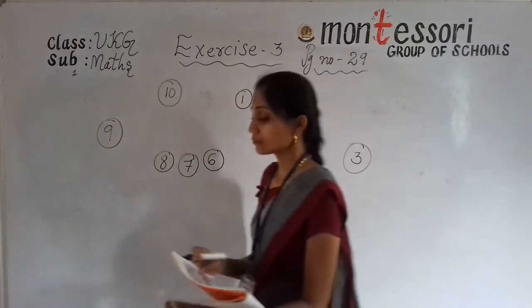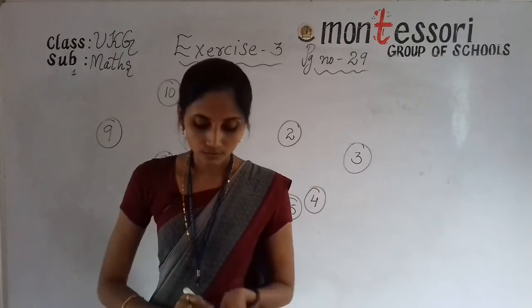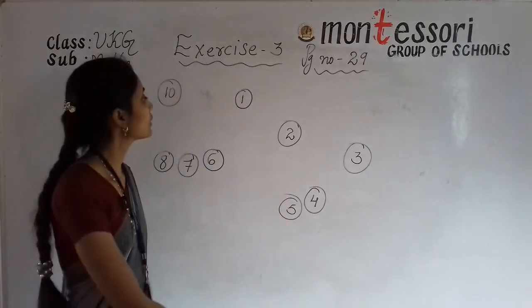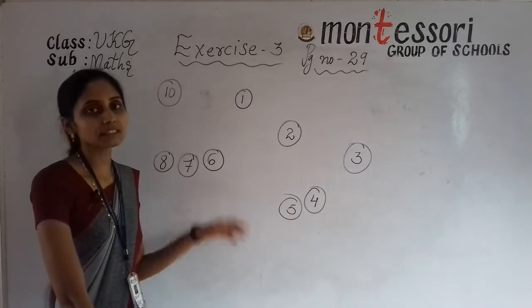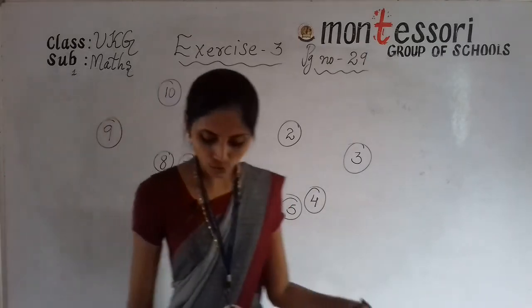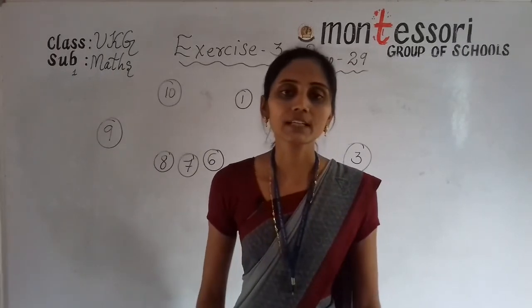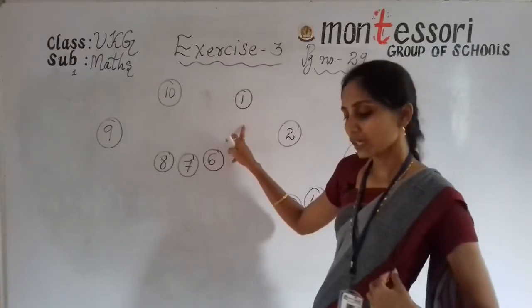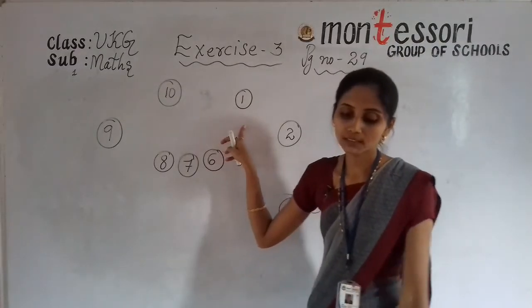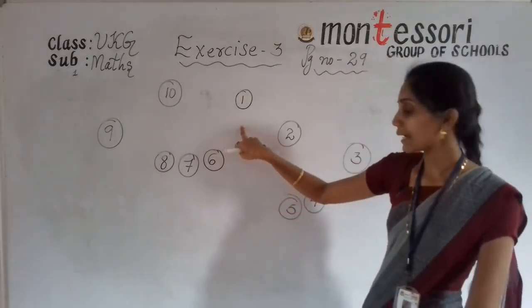So, look at the board and write down the numbers on the missing things in your textbook, page number 29. So, how many things are missing? First one, what is the first one? Bag.